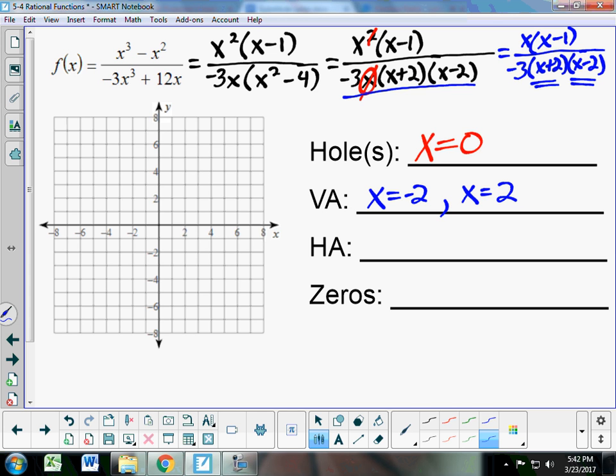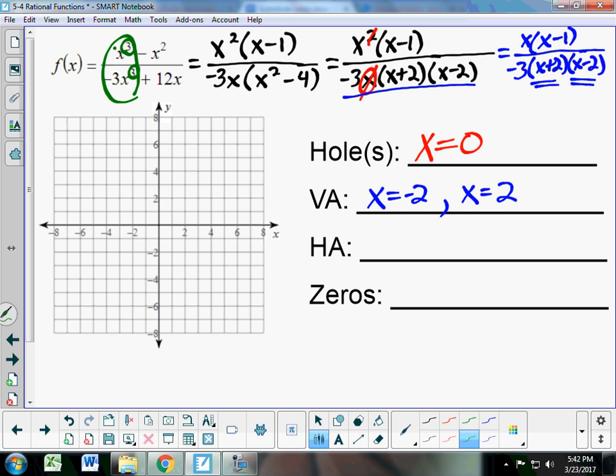Okay, now let's take a look at horizontal asymptotes. So let's look at the very original problem, not the factored one that we did, the original one, when we see that they have the exact same leading coefficient. I'm sorry, I said that wrong. The exact same power on the leading term.